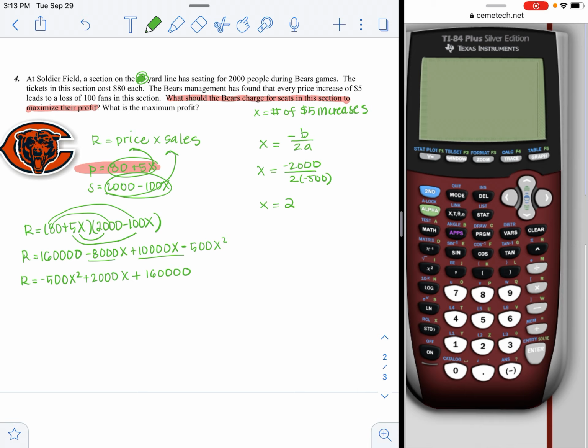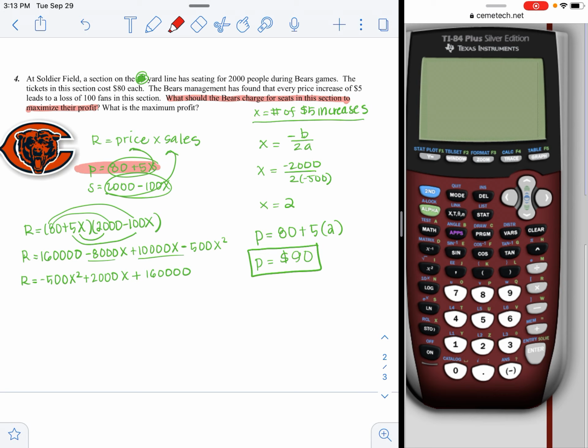All right, so what is 2? 2 is the number of $5 increases, right? Because X is the number of $5 increases. So I'm going to do 2 of them. All right, now I can figure out the price. So I'm going to say the price is 80 plus 5 times 2. So the price is going to be $90.